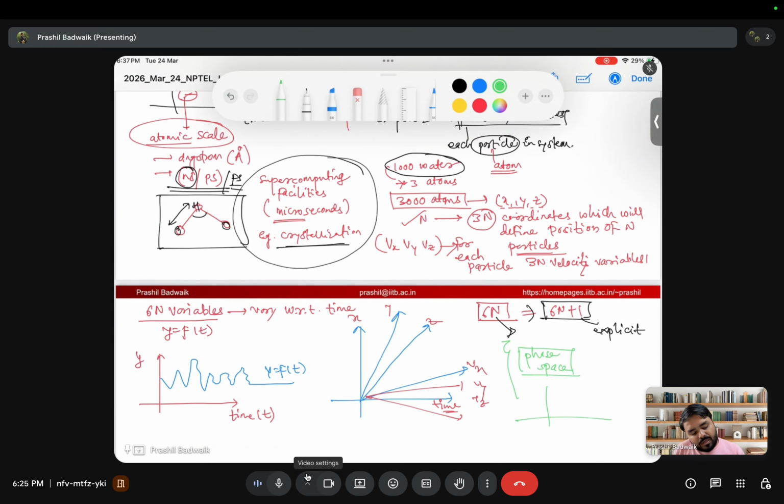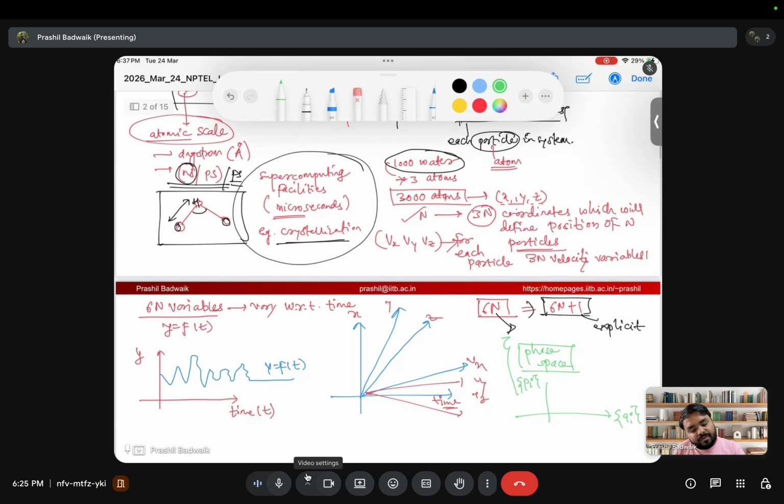So I'll write over here, I will have pi, that is my momenta, and this is my qi, that is my positions, and this is my phase space where the particle is evolving, and its velocity and position are changing over time.